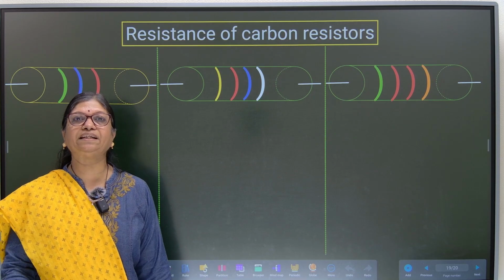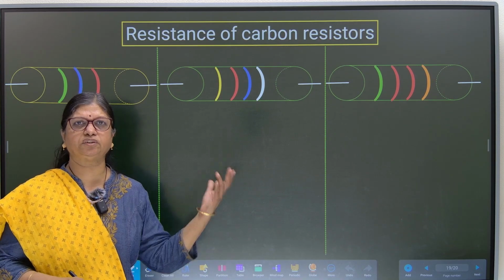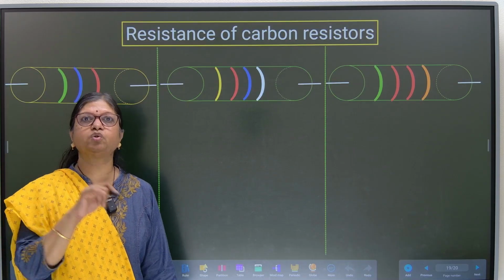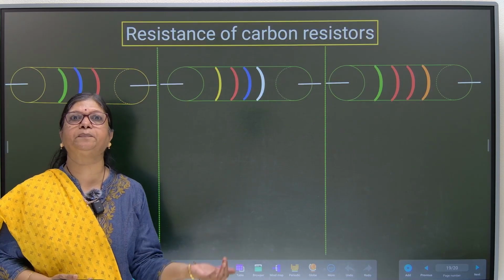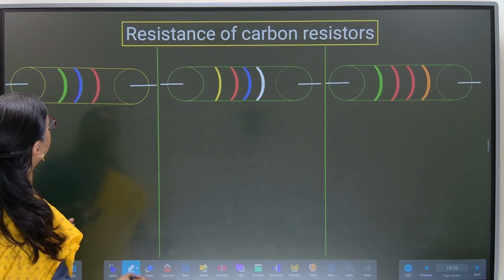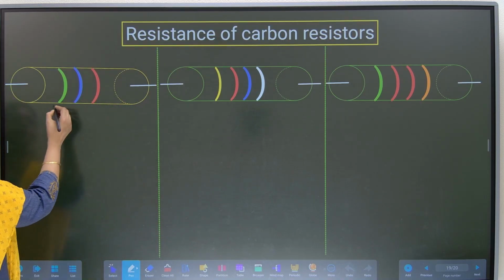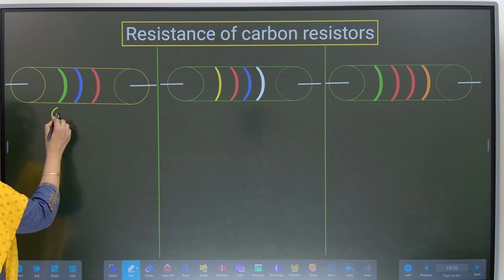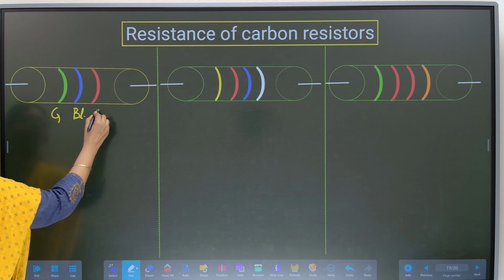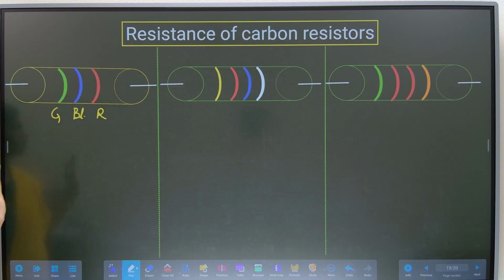So let us calculate the resistance of certain resistors with the color bands. Fine. Using the trick I have shown in the previous page and our remembrance also. So this band is green. Let us write G here. This is blue and this is red. There is no fourth band.